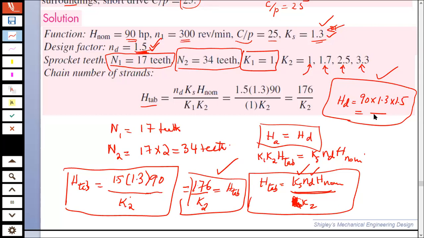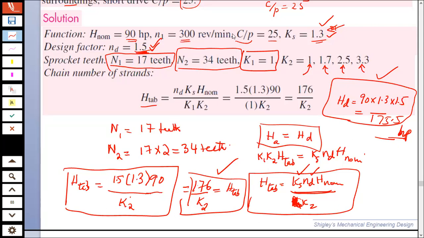So that is 175.5 horsepower. So now you can go to the table straight, and if you find a chain that can transmit this horsepower, you can choose it directly from there and say that this is my chain number.